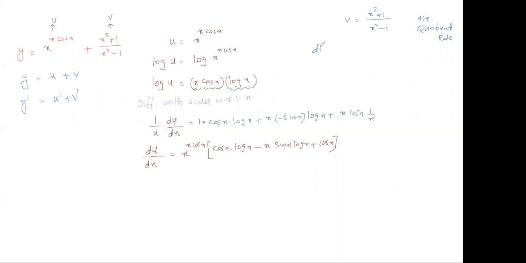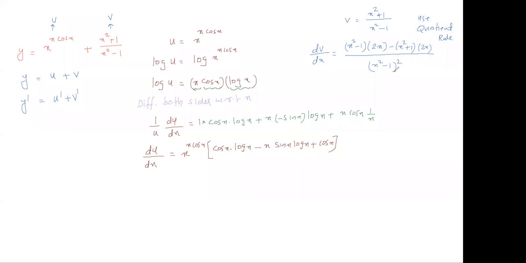So dv by dx is equal to, quotient rule is denominator into, so x square minus 1 into derivative of numerator, derivative of x square plus 1 is 2x plus 0, that is 2x, minus numerator x square plus 1 into derivative of denominator 2x, divided by denominator square, x square minus 1 the whole square.